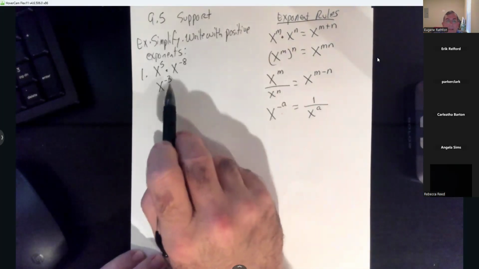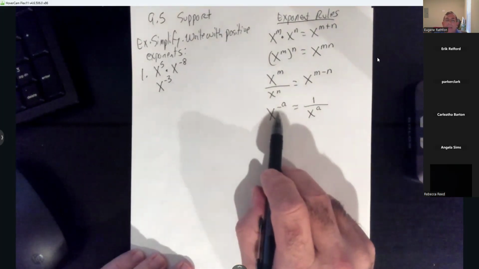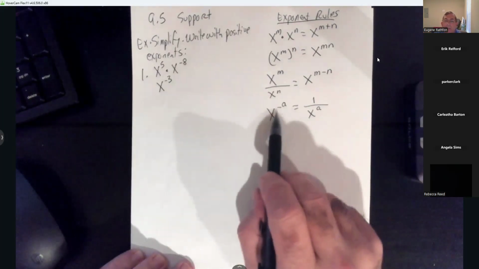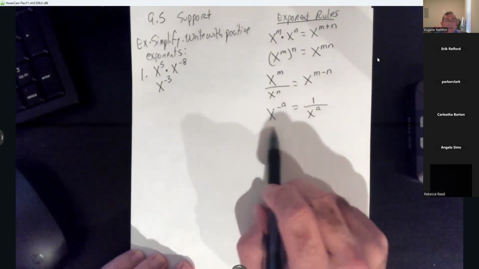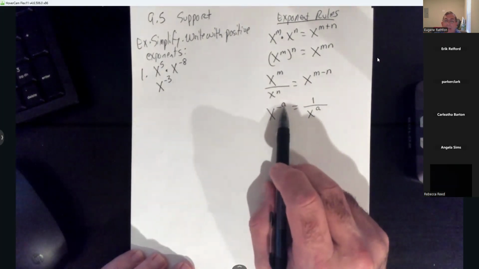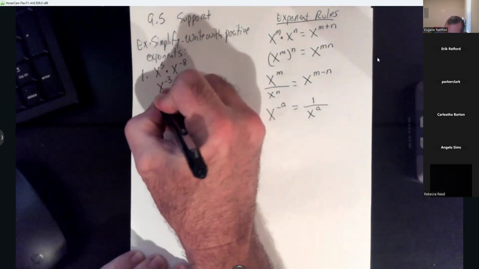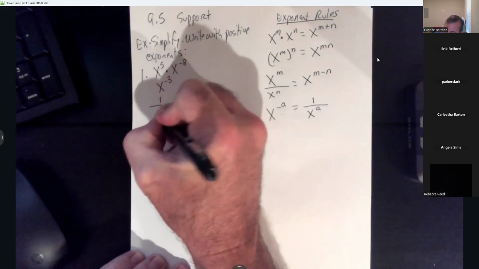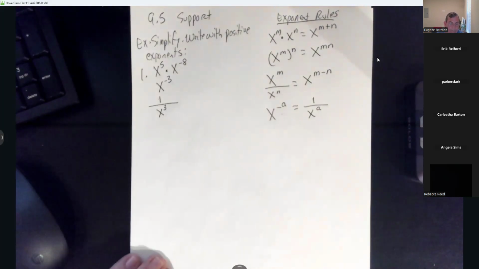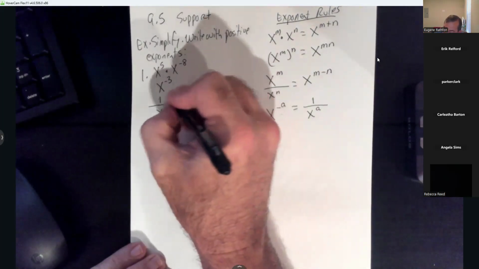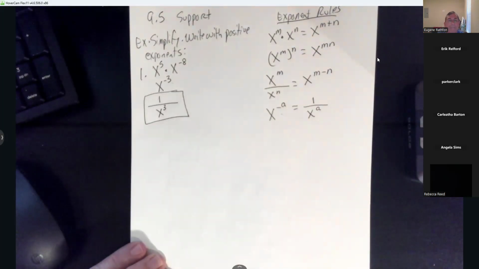Oh, so I get an x to the negative 3. But remember, it said write with positive exponents. So I got this situation now. Since my 3 is negative, I need to put this whole thing under a 1, and you're going to get 1 over x to the 3rd. All right, y'all, final answer on number 1.